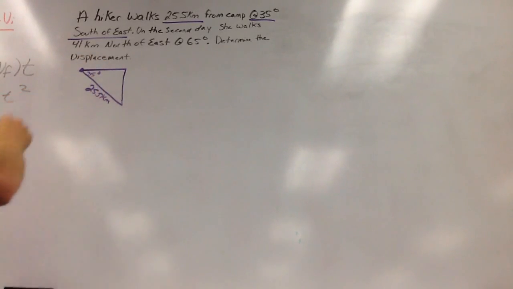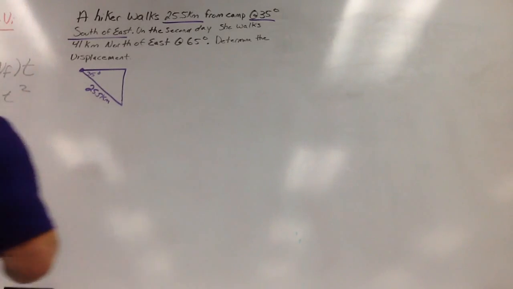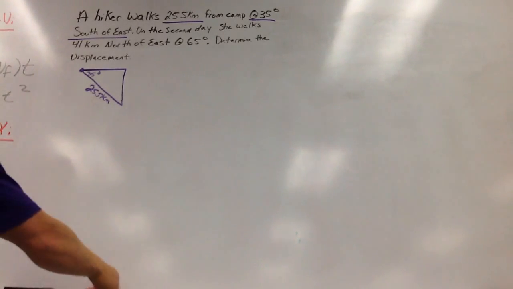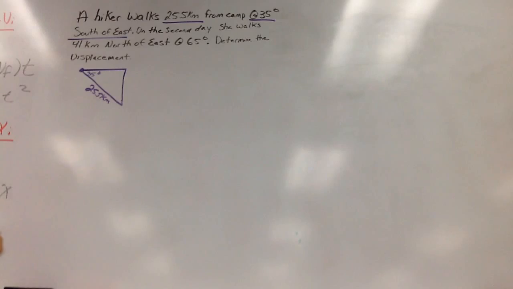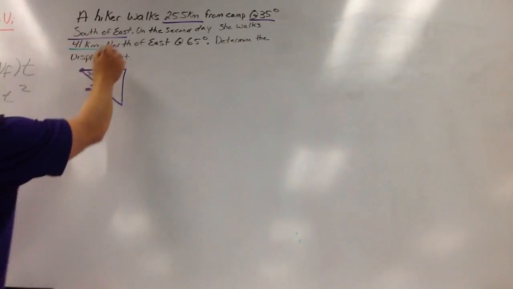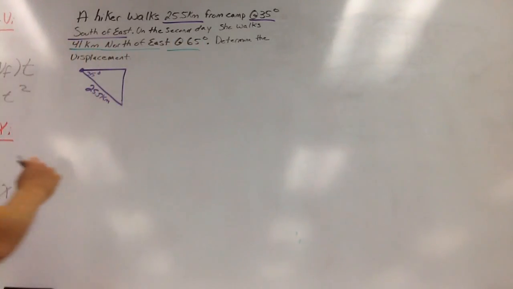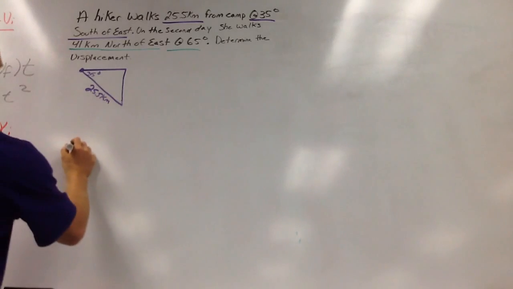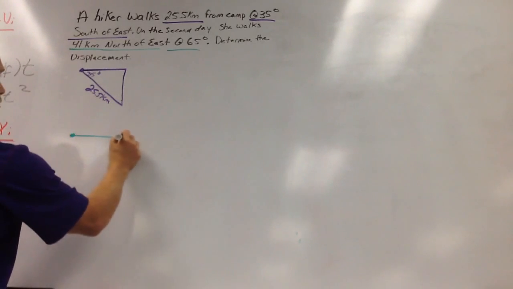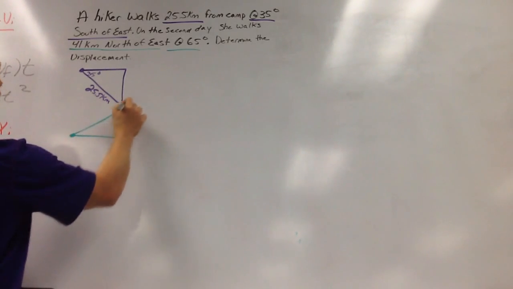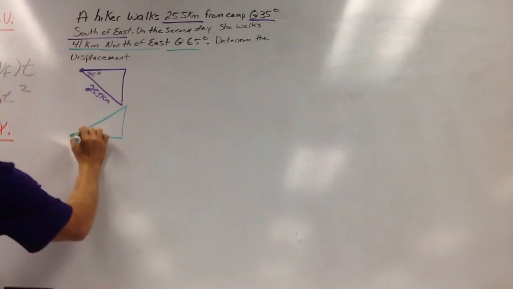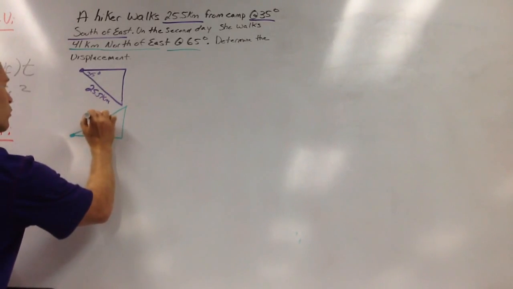Triangle 2, on the second day, she walks 41 kilometers north of east at 65 degrees. So we first go east, then we go north, and it'll be 65 degrees here and 41 kilometers.